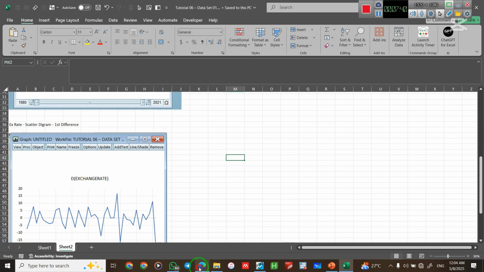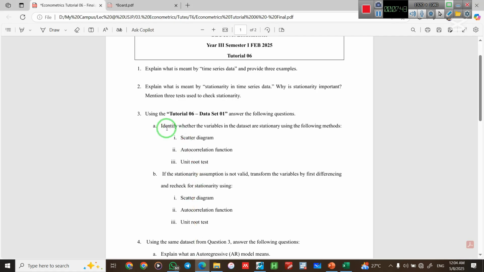If we move to our question, the first variable we have used is the exchange rate. For the exchange rate, we used the scatter diagram and first identified that it is not stationary at level data. Then we transformed it to first difference and tried to identify whether it becomes stationary using the scatter diagram, right?